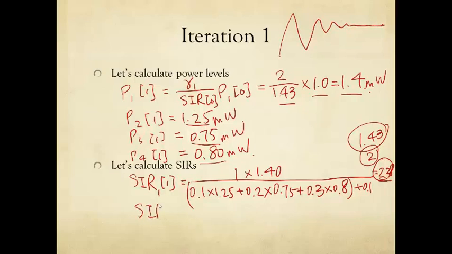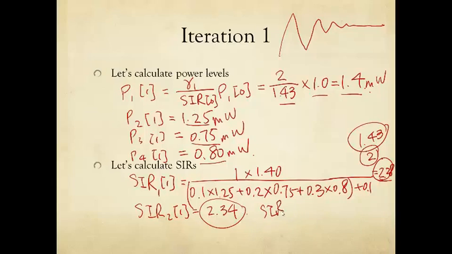Let's finish this calculation. The second user at iteration 1, the SIR is 2.34, which is bigger than the SIR at the last iteration, which was 2, but not big enough yet. The target is 2.5. So expect that next round, the power for the second transceiver pair will still go up.